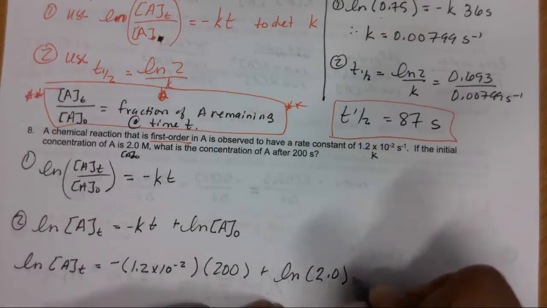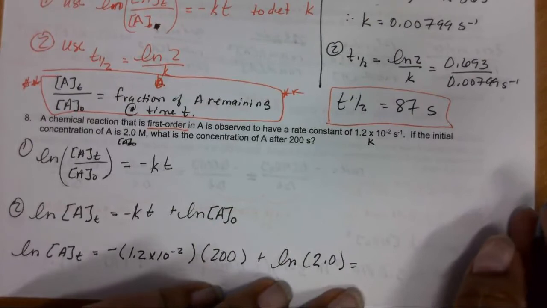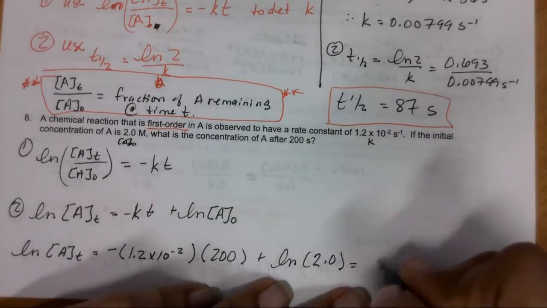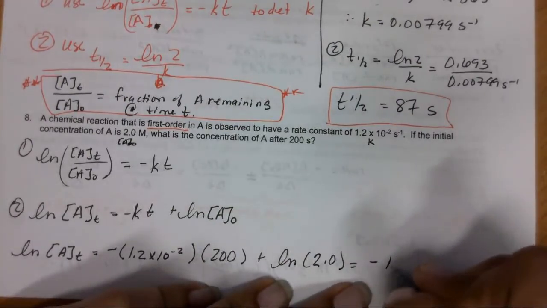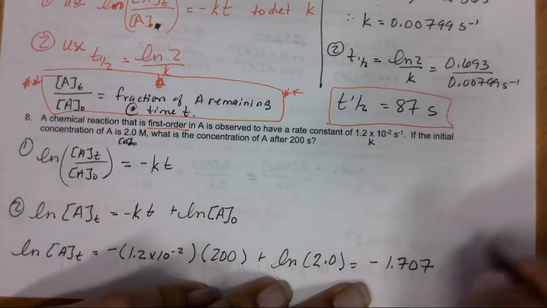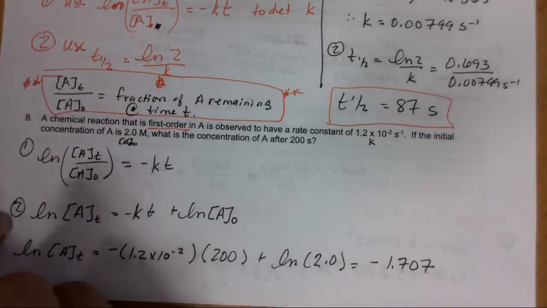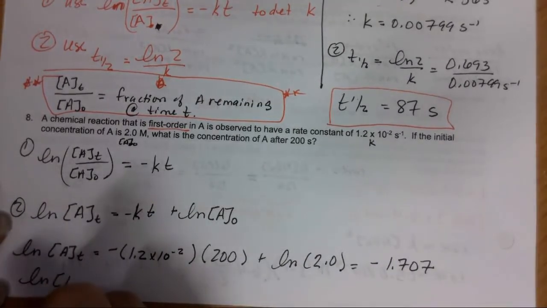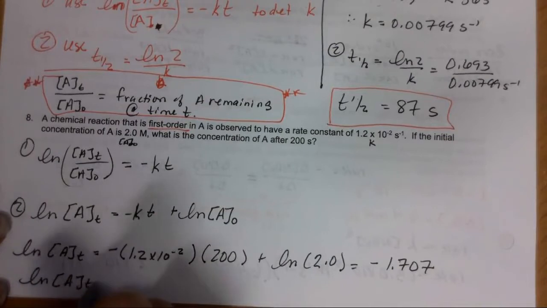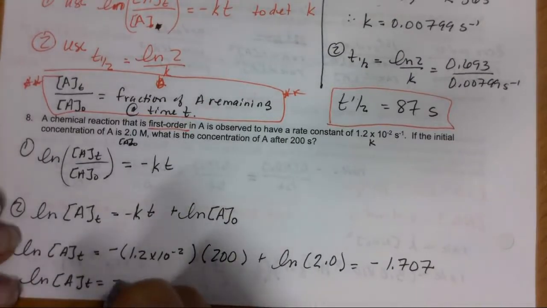When we plug that into the calculator, we get negative 1.707. Now, that's not our answer, because what do we want to know? This gives us the natural log of the concentration of A at time t, which is negative 1.707.